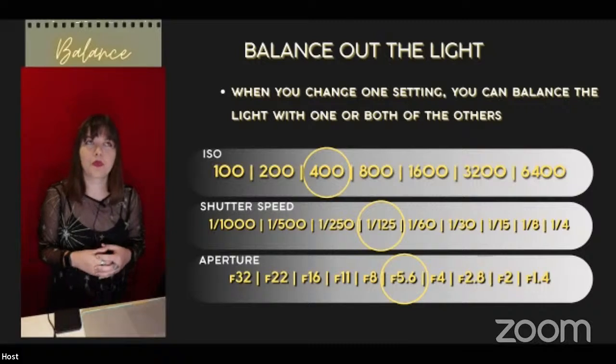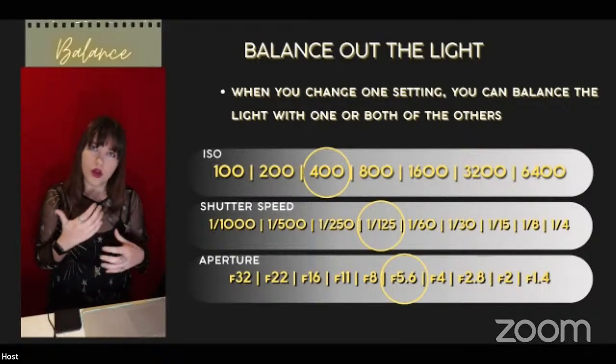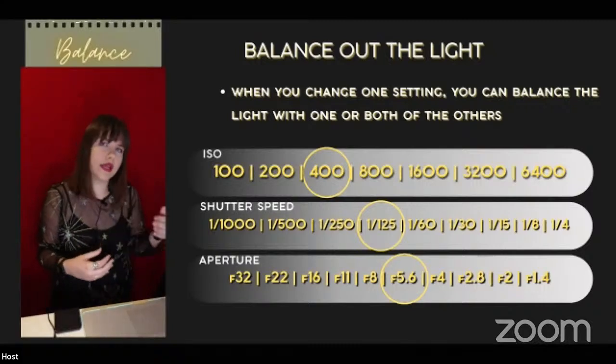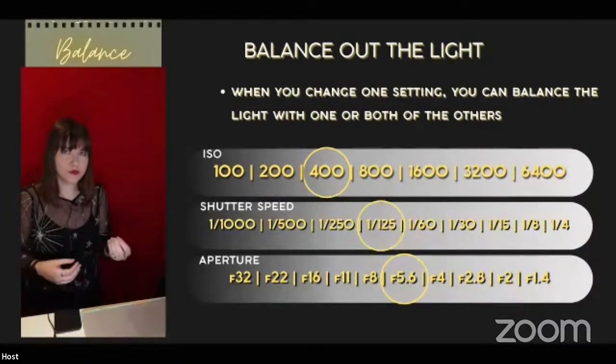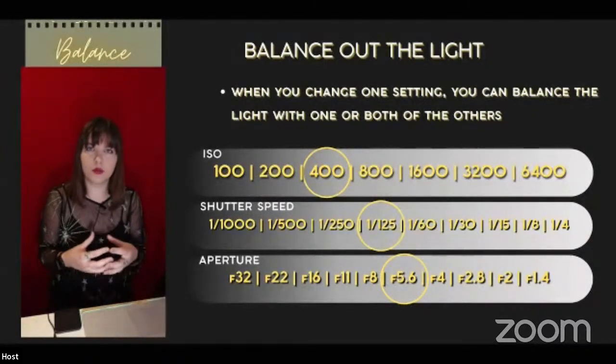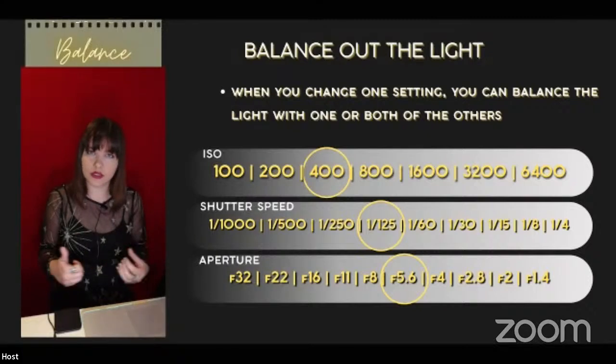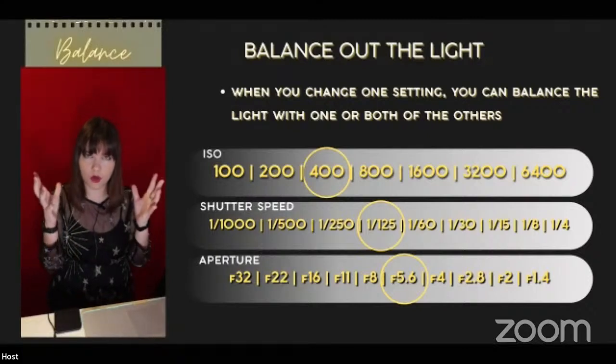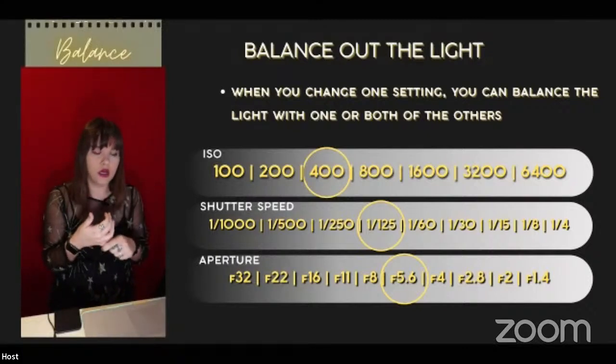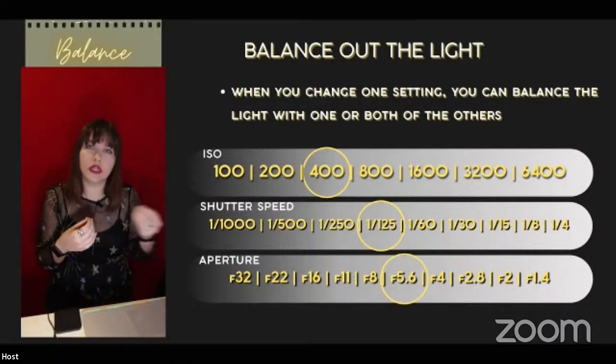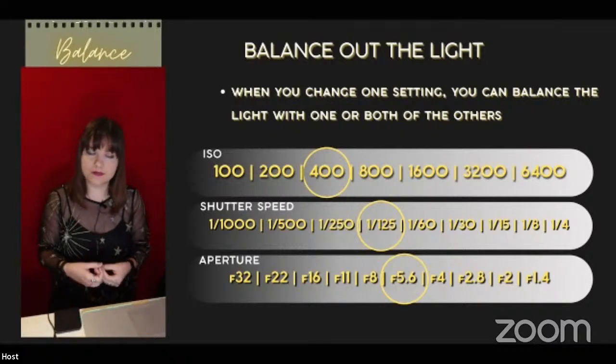If you noticed, when I changed one setting, in order to keep the picture as bright or as dark as I wanted, to keep it at the exposure, I also needed to change my other settings.